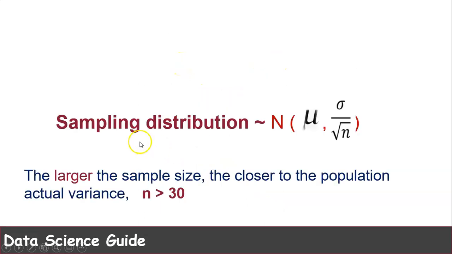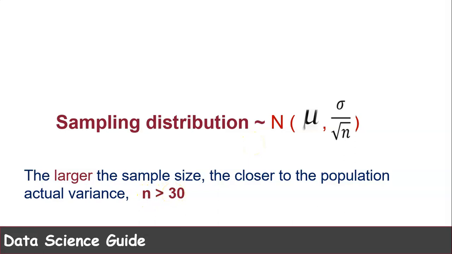So the mean of the sampling distribution is approximately equal the mean of the population, which is mu, while the standard deviation here will be divided by square root of n, and n is the sample size. And the larger the sample size, the closer to the population actual variance. And that's usually when the sample size n is greater than 30.